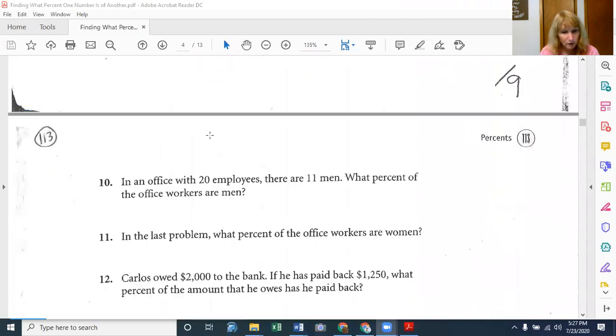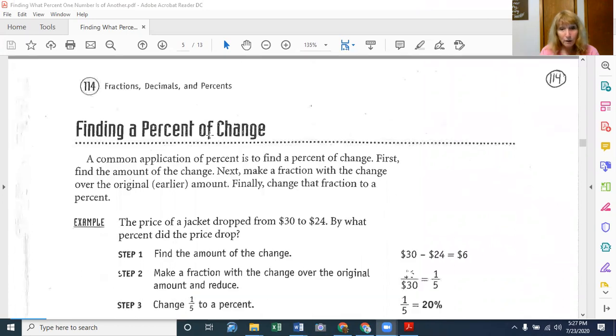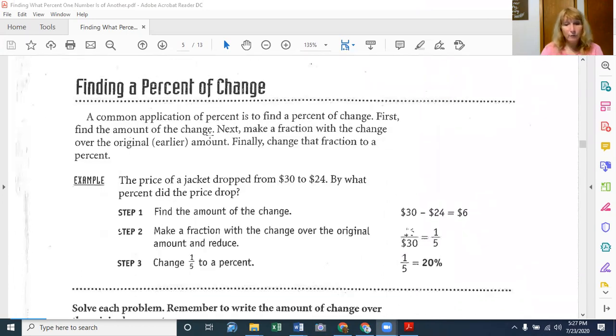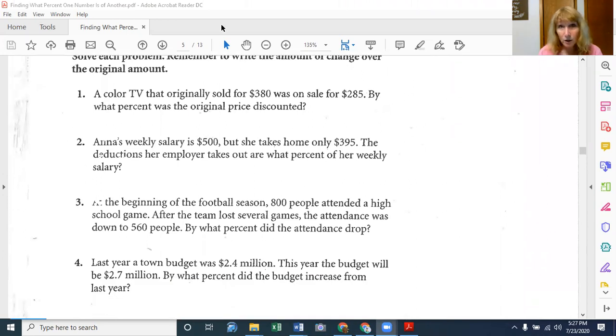Let's move down here to finding a percent of change. This one's a little bit different. There's going to be a slight change in the formula.